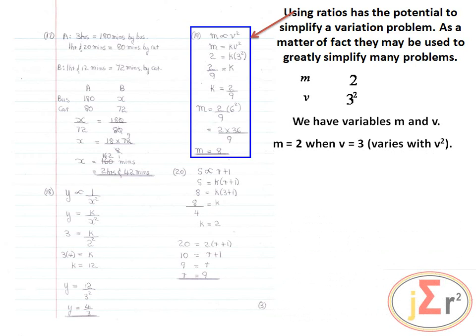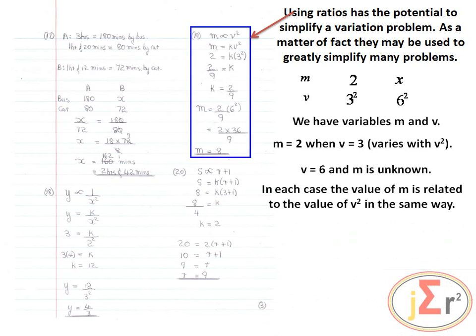So we have the variables m and v. M is equal to 2 when v is equal to 3. Remember that v is squared, so we square the value, we square 3. Then we will square the other value for v, which is 6, and m is unknown. In this particular case, we call the unknown value x.